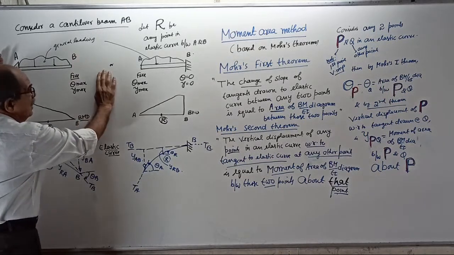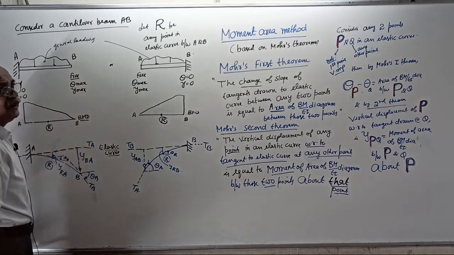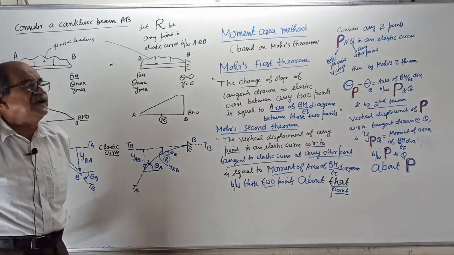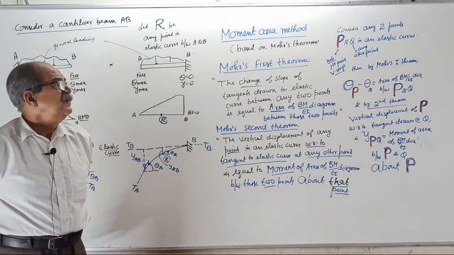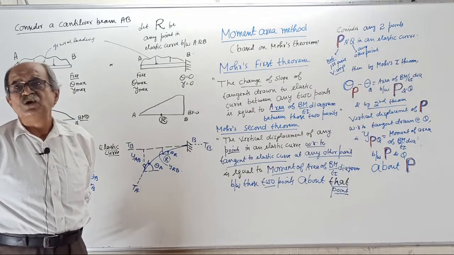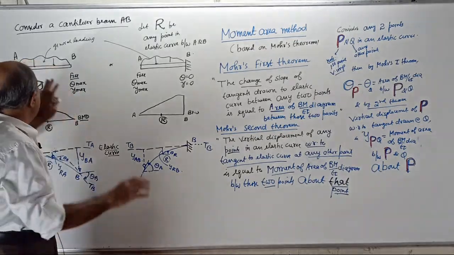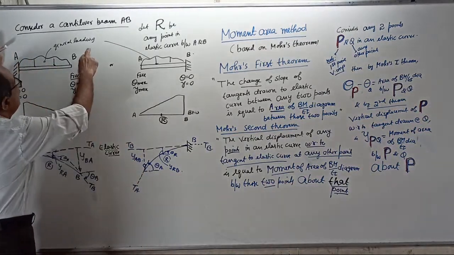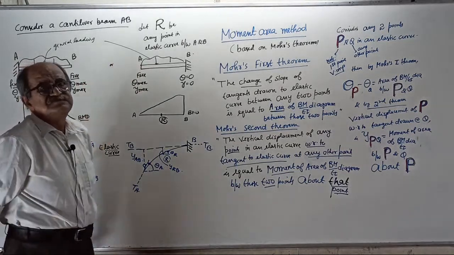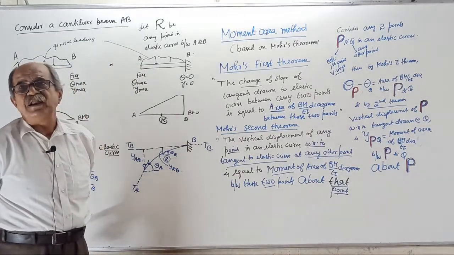See, when you draw the bending moment diagram, usually in the double integration method or Macaulay's method, you need a sign convention. You write sagging positive. Later, in the conjugate beam method also, sign is required. But the moment area method, I am giving an introduction to the moment area method now. For the moment area method, sign convention is not required.